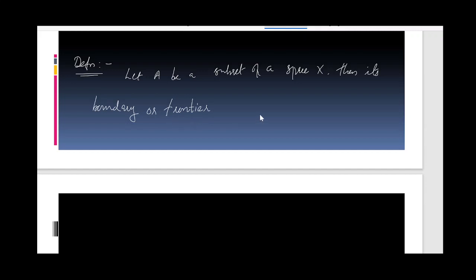Frontier is the set A closure intersection with X minus A closure, and it is denoted by delta A, or another notation is f of A. So what this means?